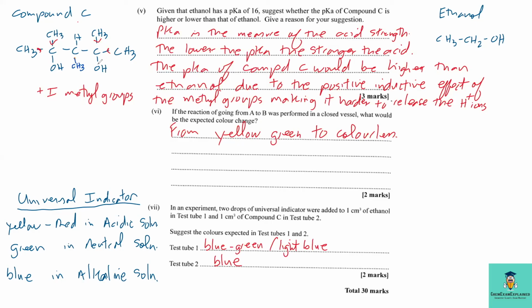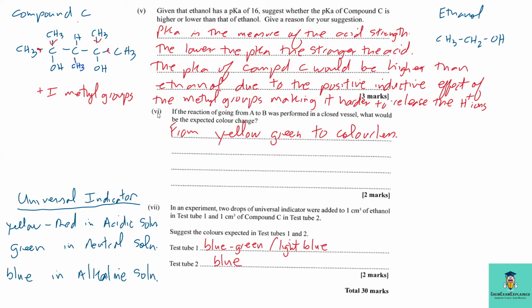So if the H plus ions are being attracted by the electrons that are being pushed towards it, then ethanol would release the H plus much more readily than this compound C. And of course, that would make compound C have a higher pKa value, suggesting that it is a weaker acid than ethanol.